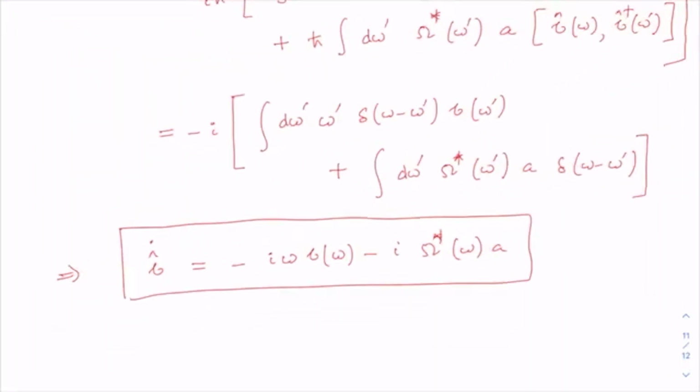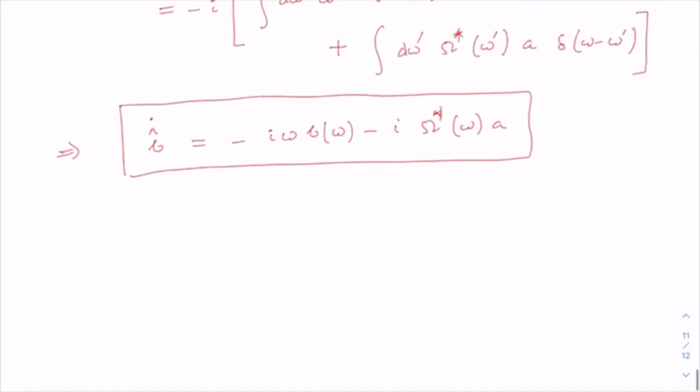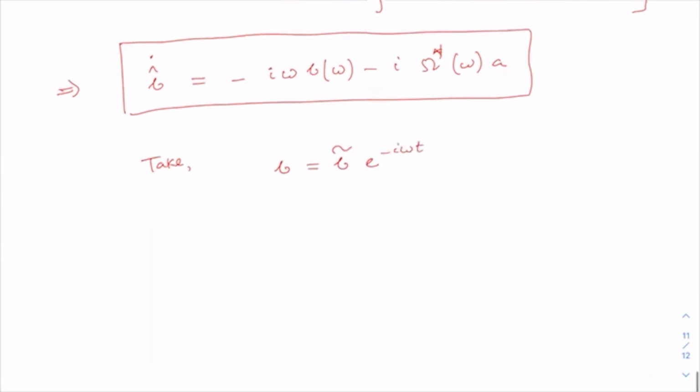We can write a formal solution to this bath equation. To do that, let us make a change of variables. Let me take b is equal to b tilde e to the power minus i omega t. Then I will have b dot is equal to b tilde dot, taking the time derivative, e to the power minus i omega t minus i omega b tilde e to the power minus i omega t.